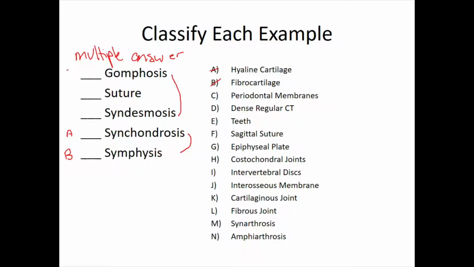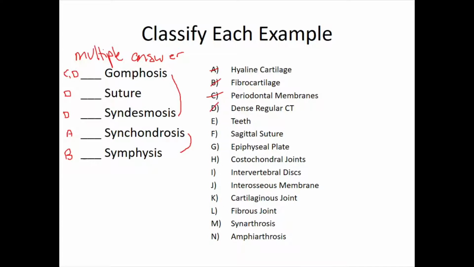Dense regular connective tissue. Okay, this goes for any fibrous joint. These are all fibrous joints, so we could put D, D, D here. We know that these are cartilaginous, so they don't have dense regular connective tissue, which would be a fibrous joint. Teeth, again, that's very specific to the gomphosis.